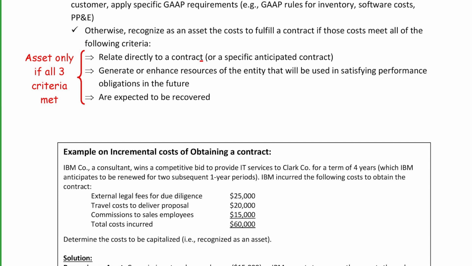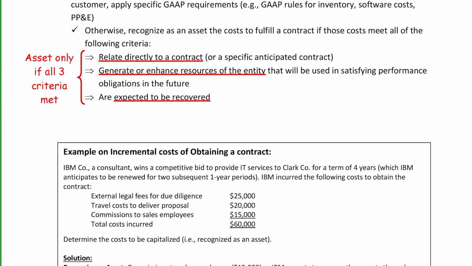The first criterion is, underline, relate directly to a contract. Second, underline, generates or enhances resources of the entity that will be used in satisfying performance obligations in the future. And these costs are, underline, expected to be recovered. Now, to understand these better, let's look at a couple of examples.